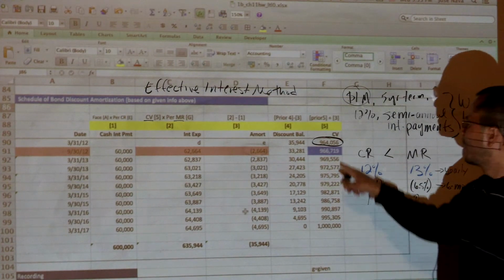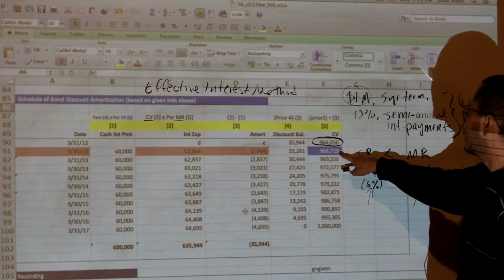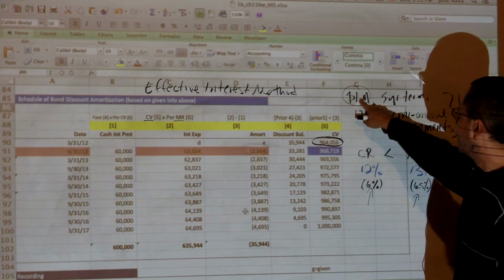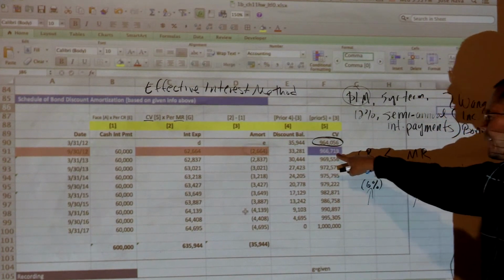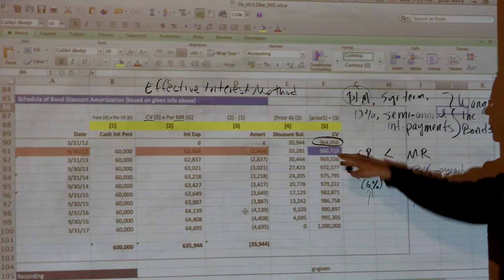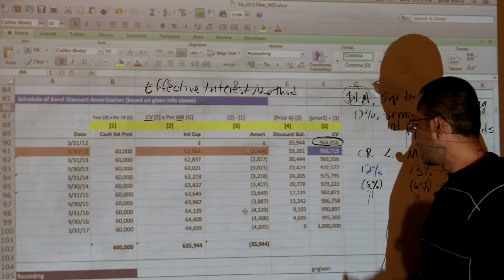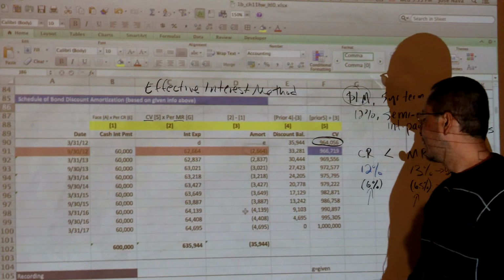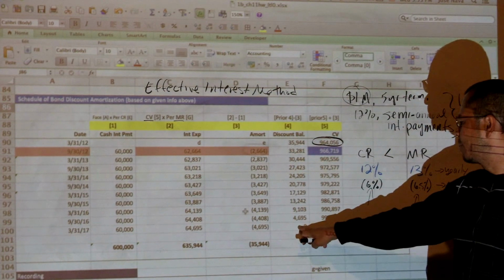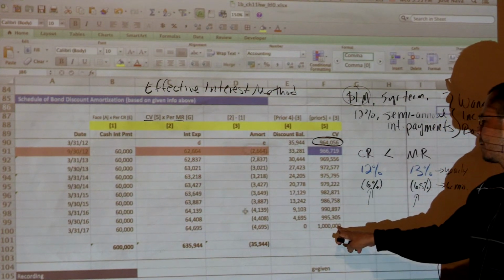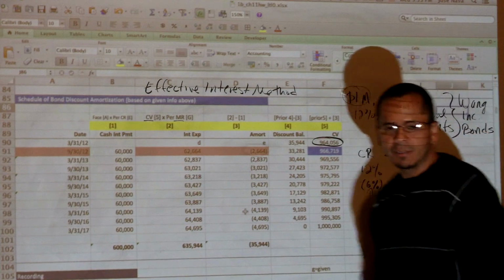Having done that, the carrying value of the bonds after the first 6 months will be $1 million minus 33,281, or 966,719. The same process is followed each period. As you can see, when you get to the very end, the discount is now down to 0, and so the face amount is the carrying value of the bonds.